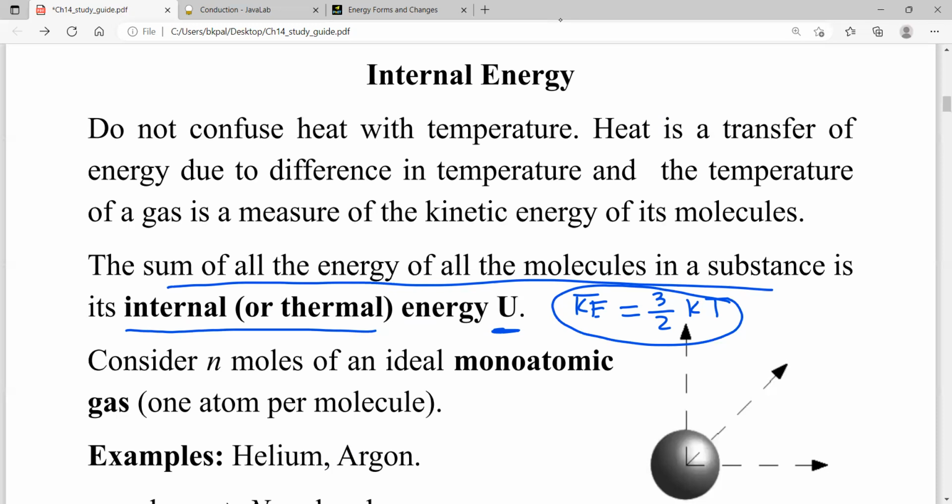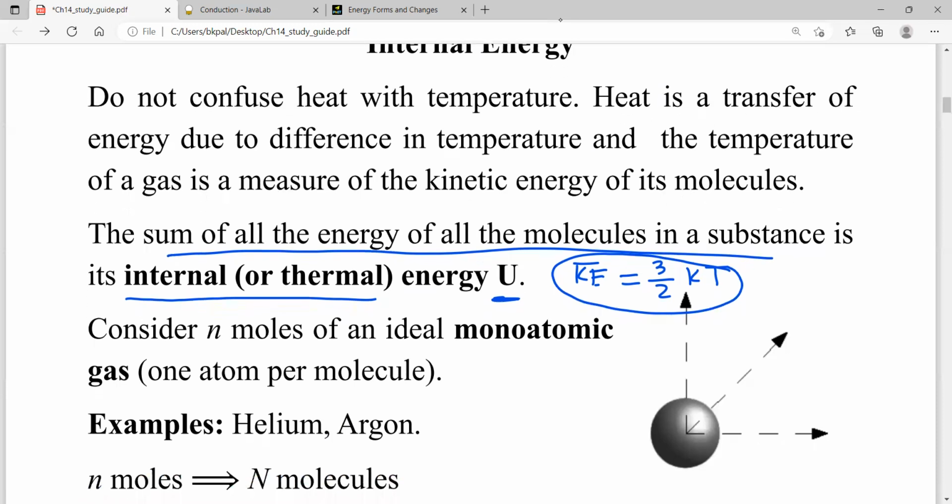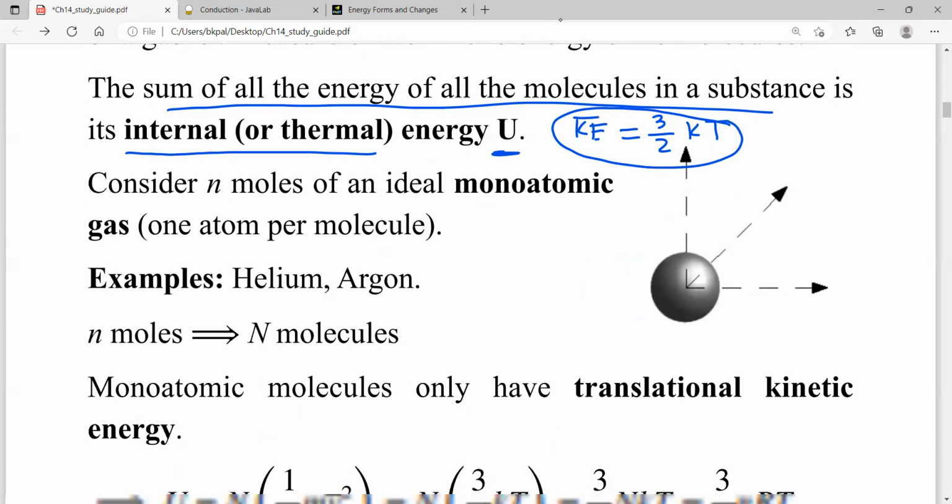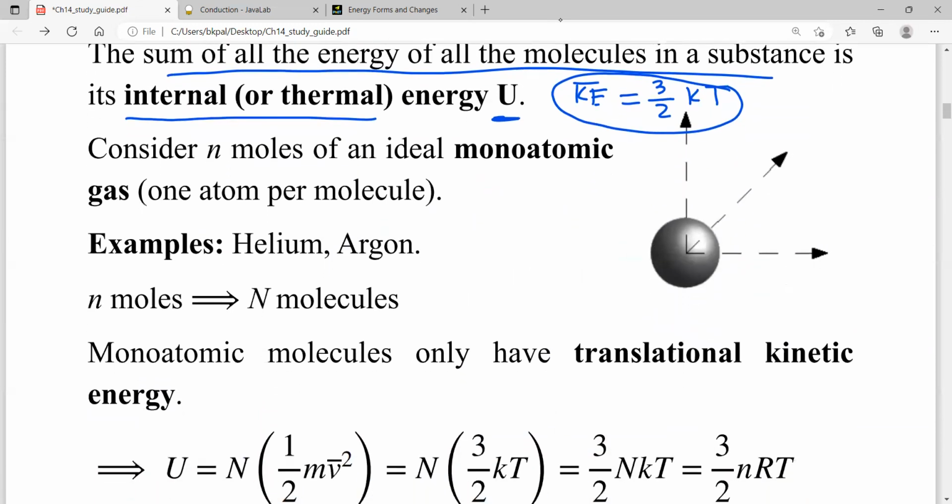Now what is the mathematical derivation for the internal energy? It's different for different kinds of molecules. For example, the simple one is the monoatomic molecule. Monoatomic means one atom in one molecule. For example, a helium molecule or argon molecule contains only one atom.